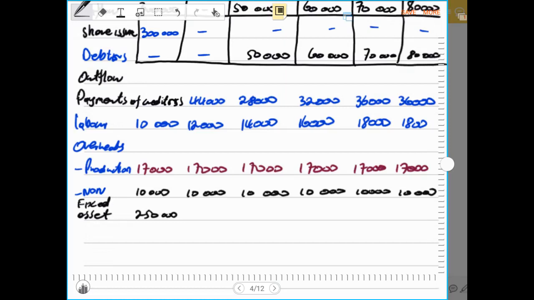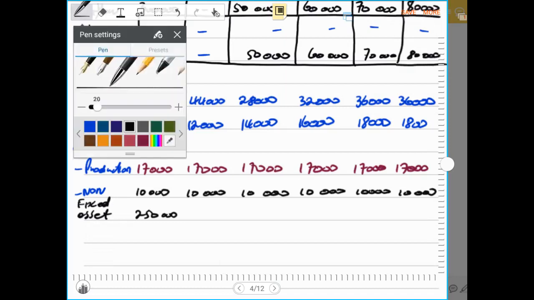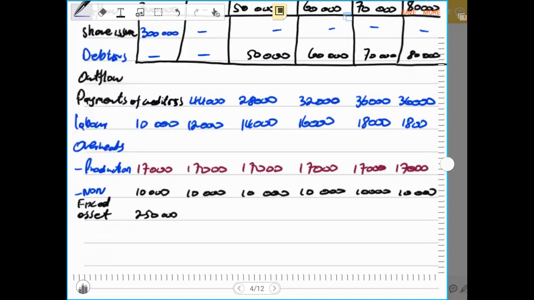From here, I have recorded everything that was needed for this exercise. Now I am just calculating all the totals, and when I'm done, we'll be able to complete our cash budget.